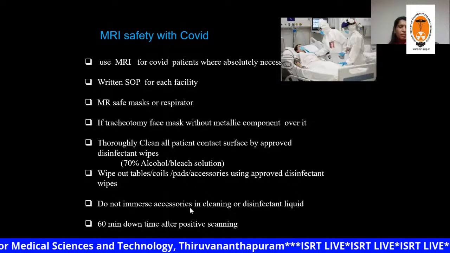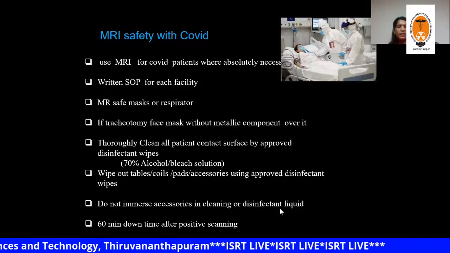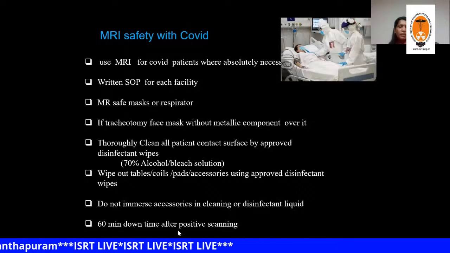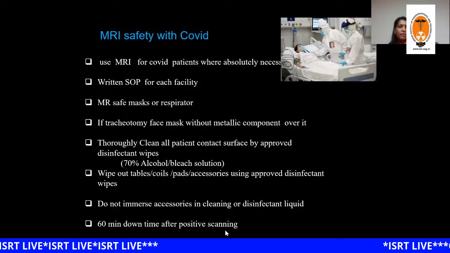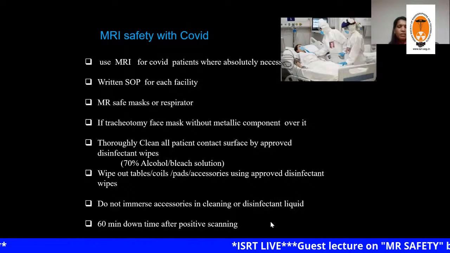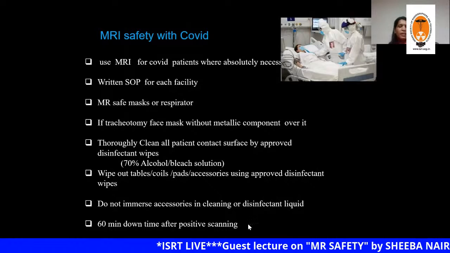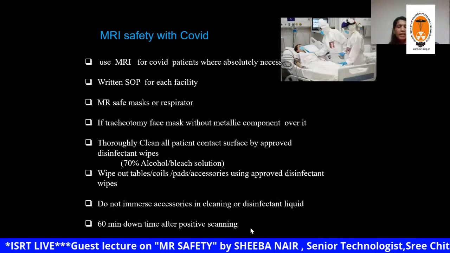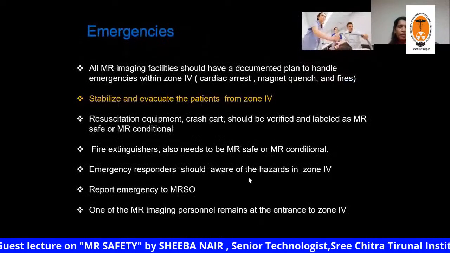Never immerse the accessories or coils in a cleaning or disinfectant liquid. If required, after a positive patient scan, we can allow downtime of 30 to 60 minutes. It is recommended that after an interval of 30 to 60 minutes, you can do the next scanning.